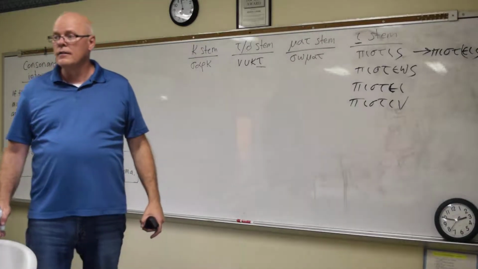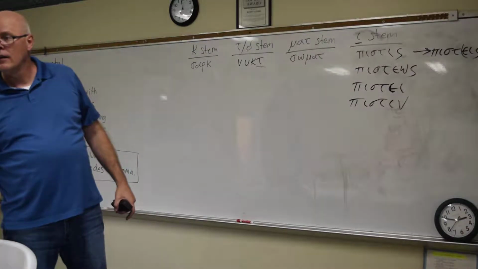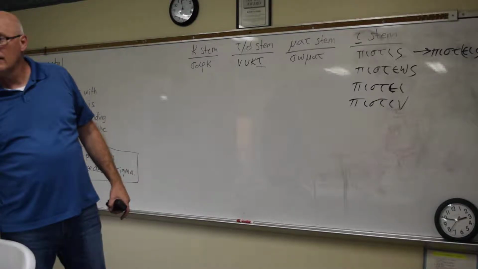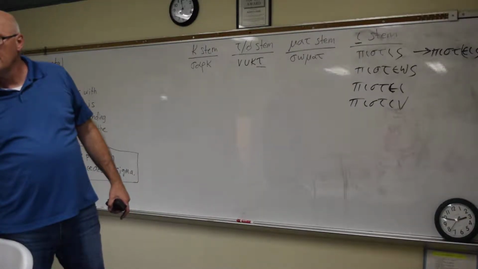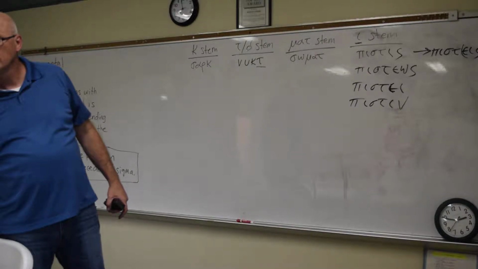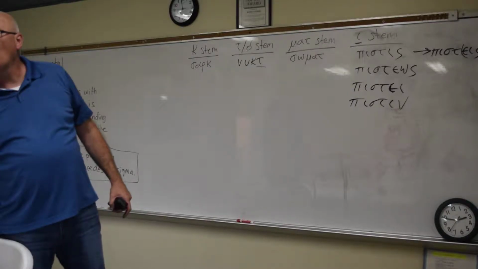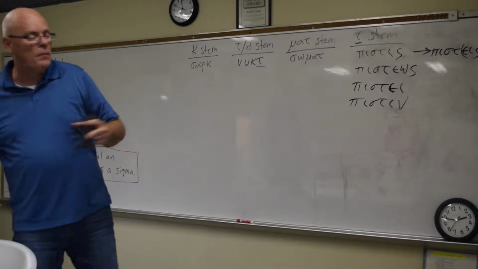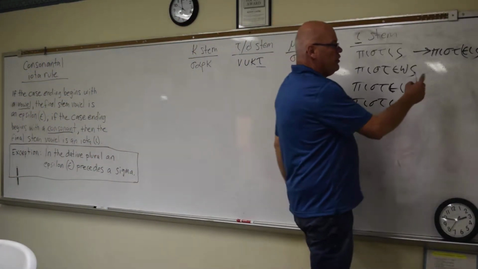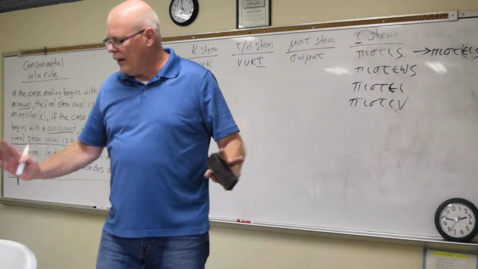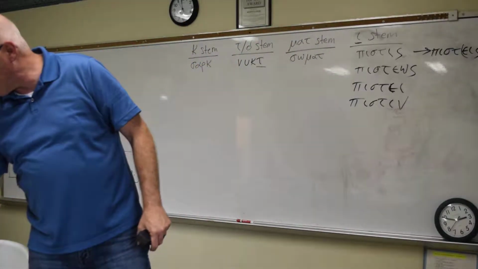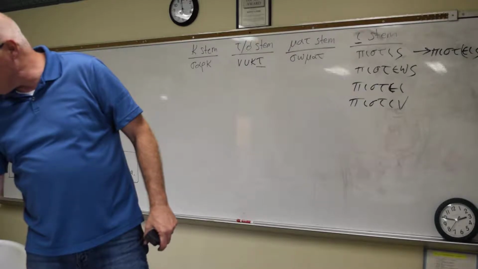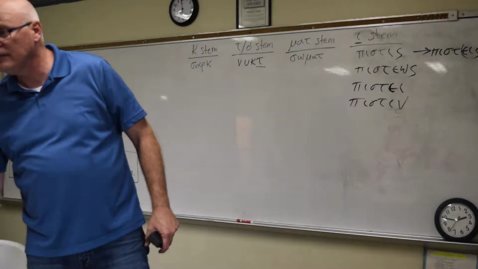So the vowels don't contract with the nominative iota stem? Yes, they do. They would if you. Plural. Well, okay, in reality, no, but they do in the sense that they're contracting. Okay, look, here's basically what's happening. You see the epsilon iota sigma, okay?